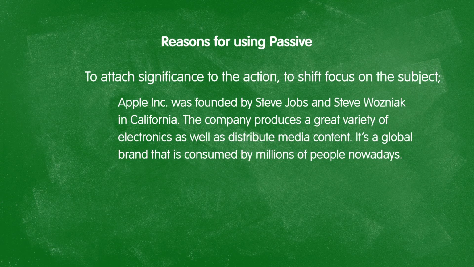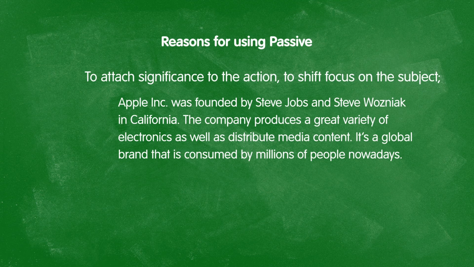Also, in passive sentences, we attach greater importance to the action itself. And we can provide emphasis on either the doer or the recipient of the action however we want to. Let's look at this example. If I'm telling you about Apple and about Steve Jobs, I can say the following.